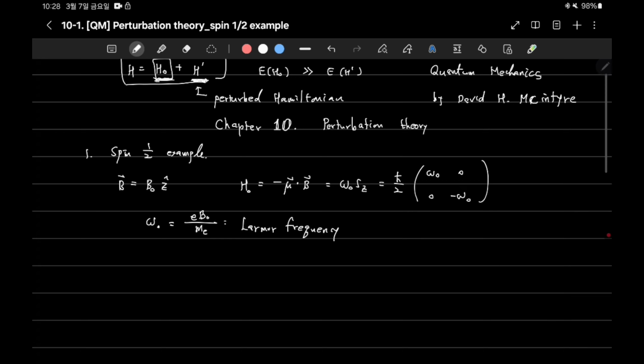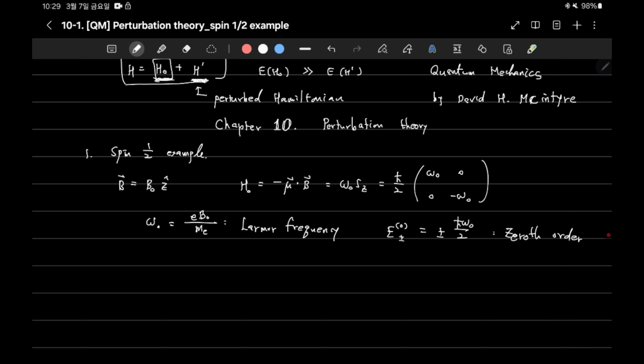So we know that the energy eigenvalues, which we call the zeroth order, meaning the exactly solvable energy, for spin up and spin down are plus and minus one half h bar omega 0. Zeroth order of energy.